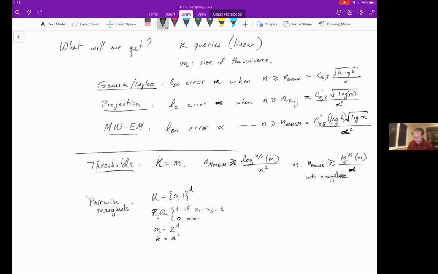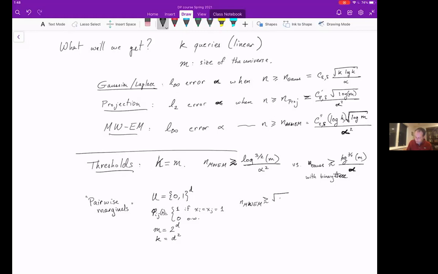And already for these queries, we see an improvement. The sample size we need to get an alpha L infinity guarantee with MWEM is now going to be something like, so the square root of log m term, that's actually going to be the big one, right?